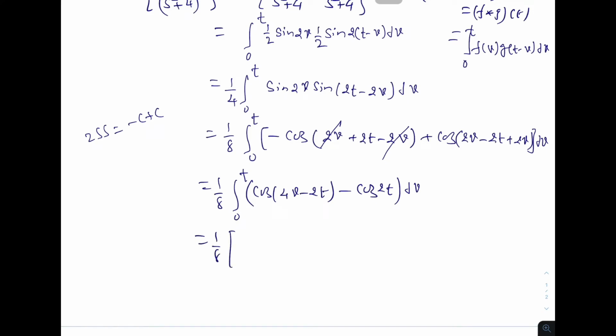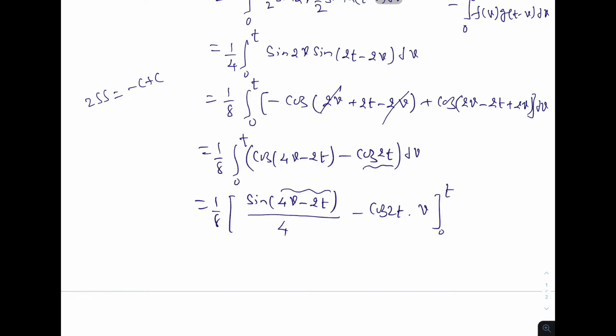The integration of cosine is sine (4v minus 2t) divided by the derivative of 4v minus 2t with respect to v, which is 4, then minus cosine 2t, which is a constant with respect to v, so we write v there, with limits from 0 to t.